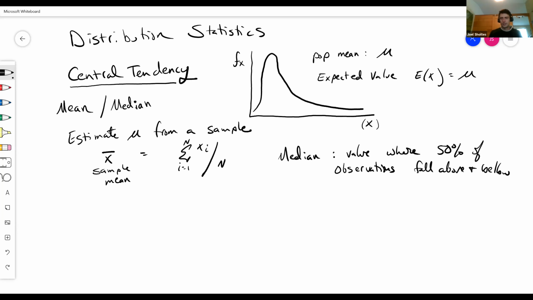You sort the data and the median will always fall right at the 50% mark, the midway point. The mean and the median for a symmetric distribution are going to be the same, because you have an equal number of observations on either side of the peak.